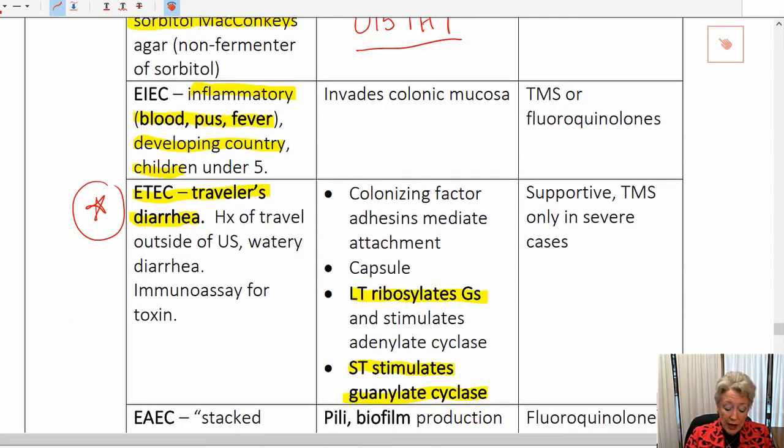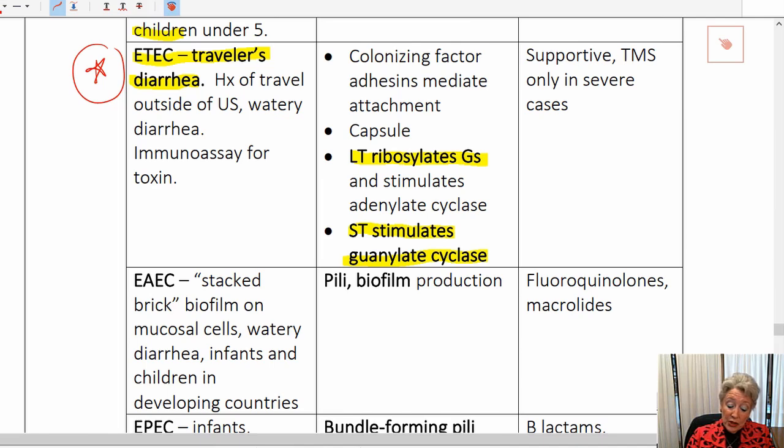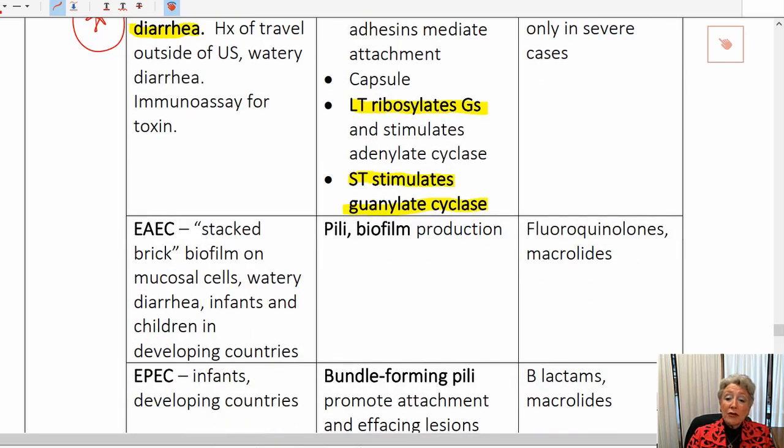But we also have EAEC, which stands for enteroaggregative, and enteropathogenic E. coli, which are less common except in developing countries. So unless they give you some sort of a clue that this is an immigrant infant, etc., I would not diagnose these in the United States.